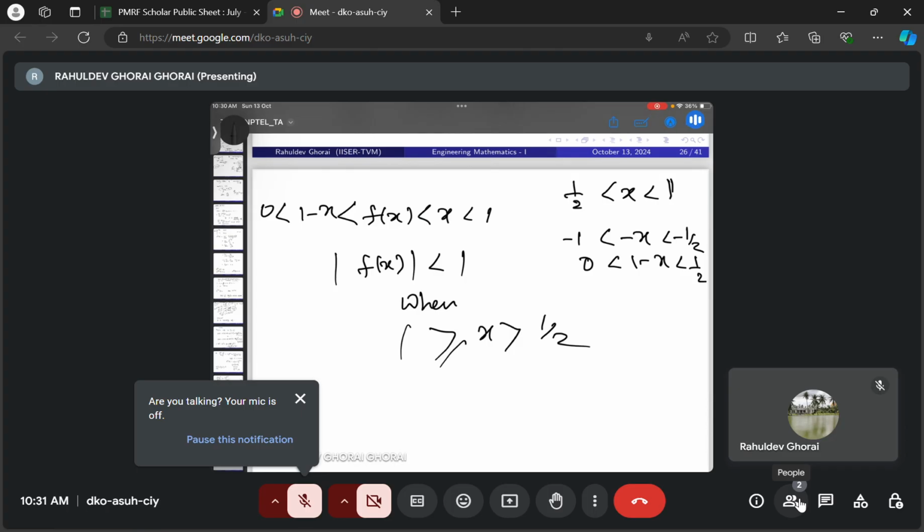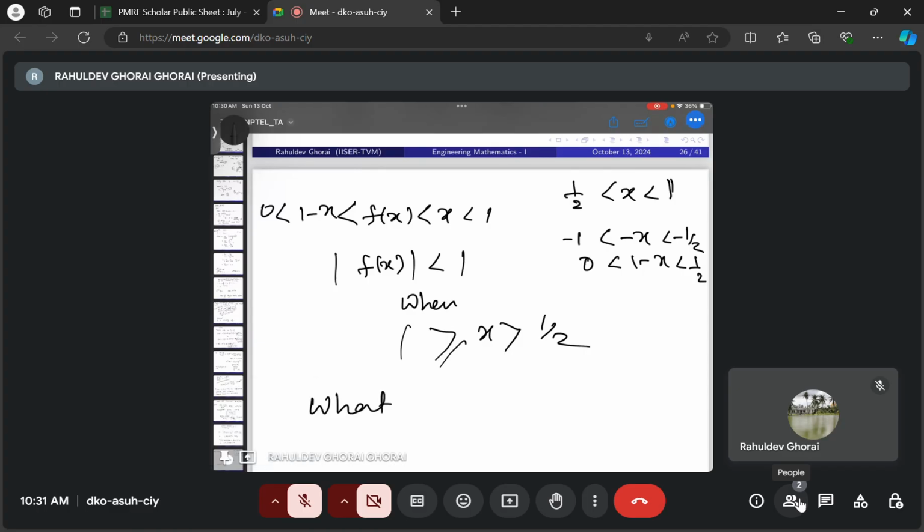But what about the points x belonging to 0 to half, or 0 less than or equal to x less than or equal to half?